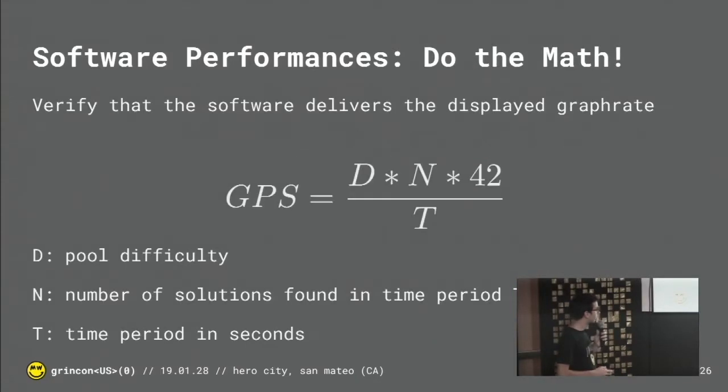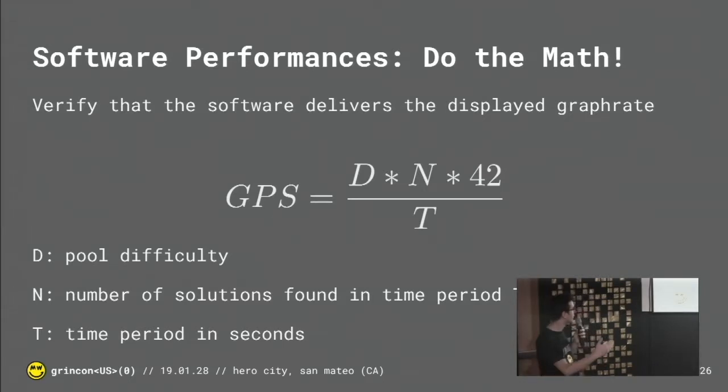So you may see that when you are mining with your mining software, for example in bminer, you see, let's say, 37 graphs per second, and you will see on the pool side it's way lower than that. We have seen several times that mining software are kind of overestimating their hash rates.